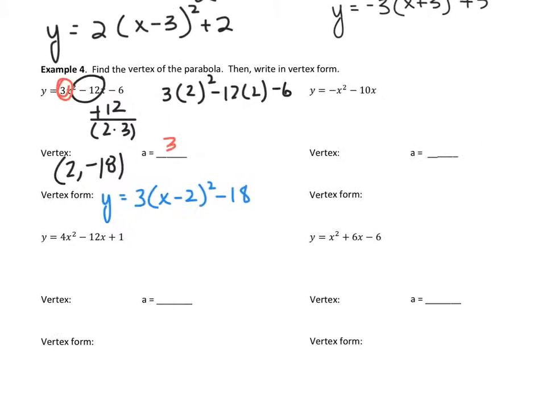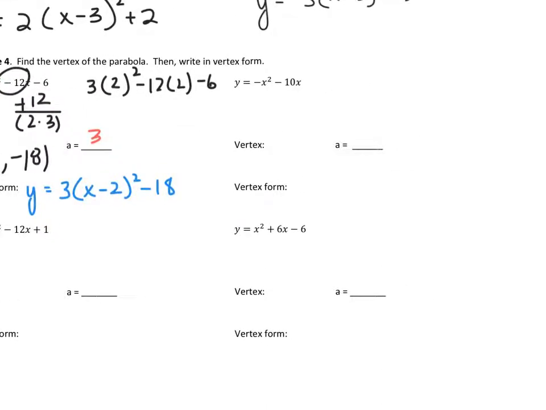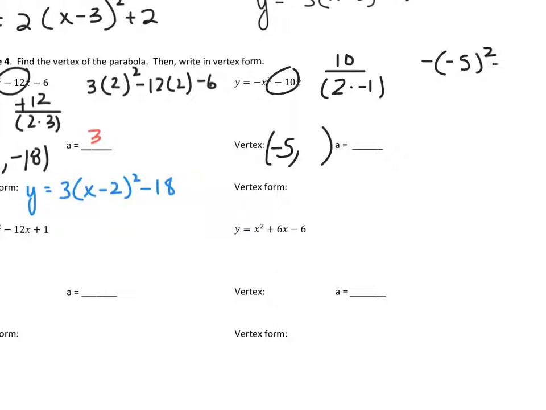Okay, let's do the same process over here. The vertex is going to be -b over 2a. So b is -10. So 10 divided by 2 times -1, which is -5. So that's the x part. So to get the y, you plug in -5 for x. So make sure you're plugging in parentheses.